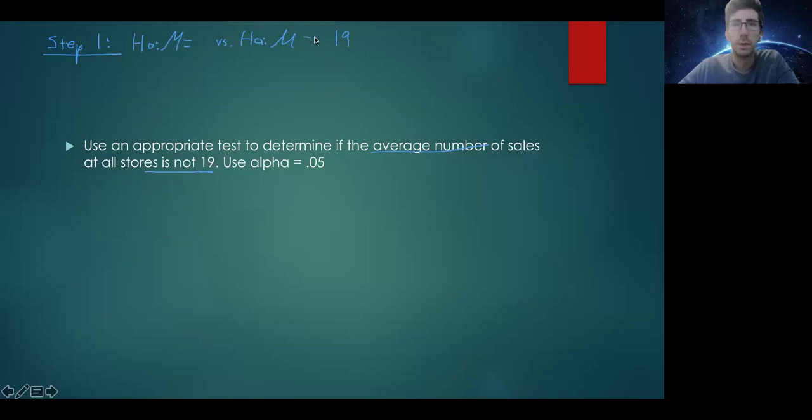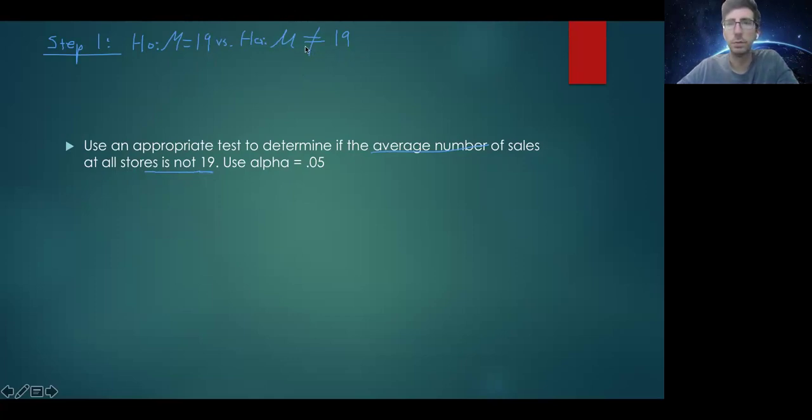So because it could be either or, we'll use the not equal to sign. And again, that same value of interest, 19, goes in our hypothesis, not equal to 19.